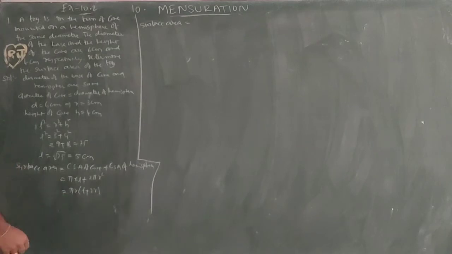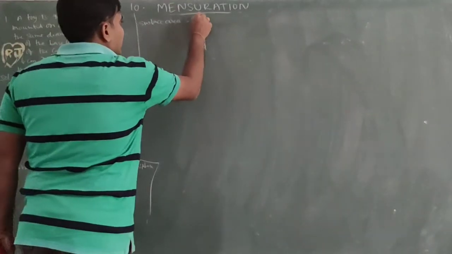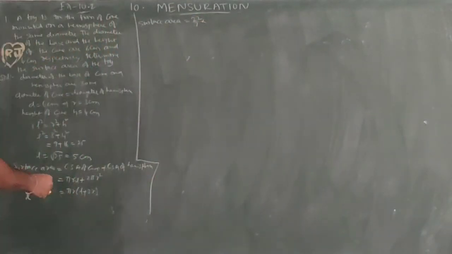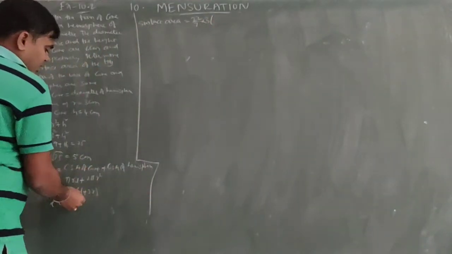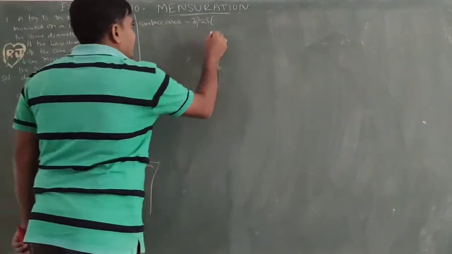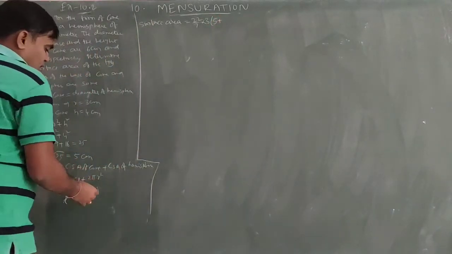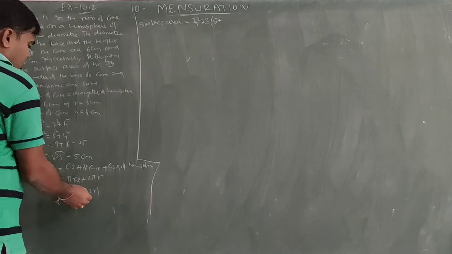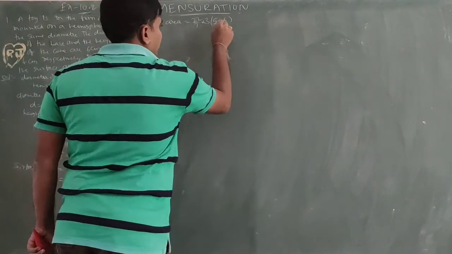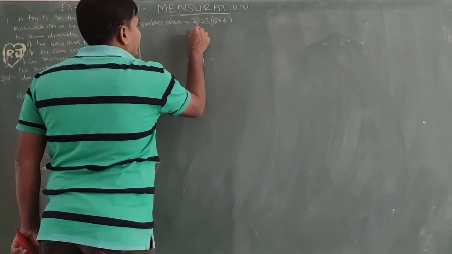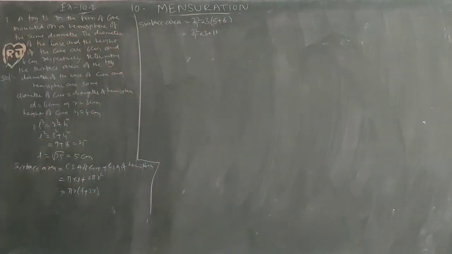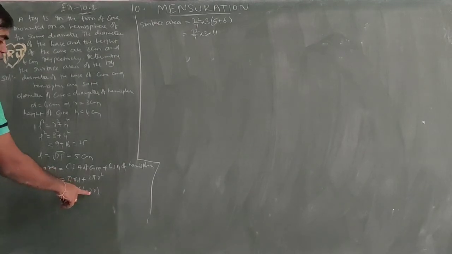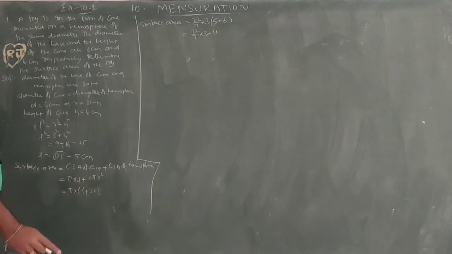Surface area equals 22 by 7, with r equal to 3, into (l, which we got as 5, plus 2 into 3, which is 6). 5 plus 6 is 11.